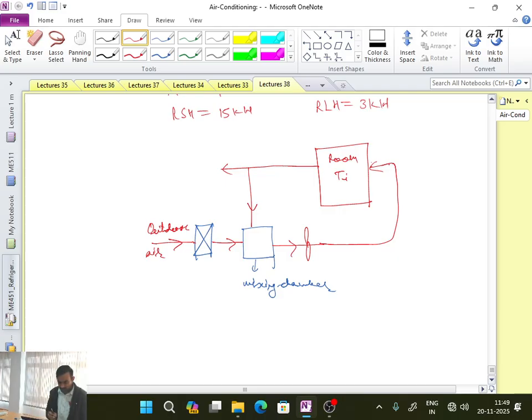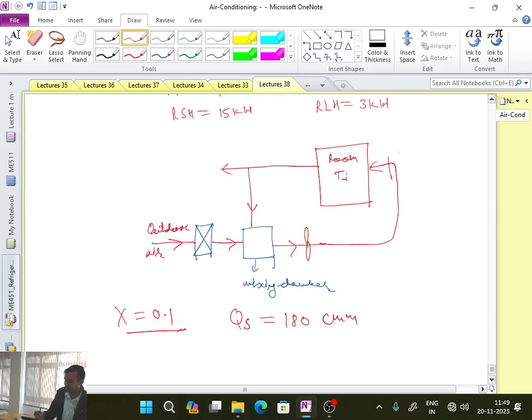Bypass factor is 0.1, so X is given in the question as 0.1. We need to find supply. The supply air volume flow is 180, QS is equal to 180 cmm.